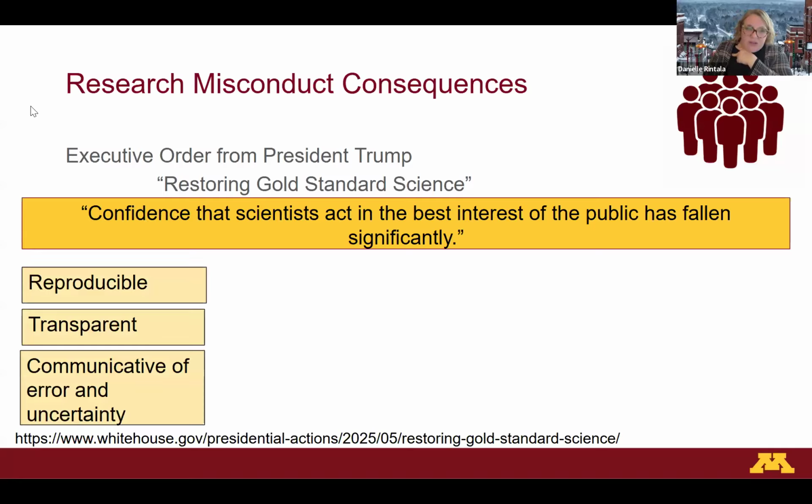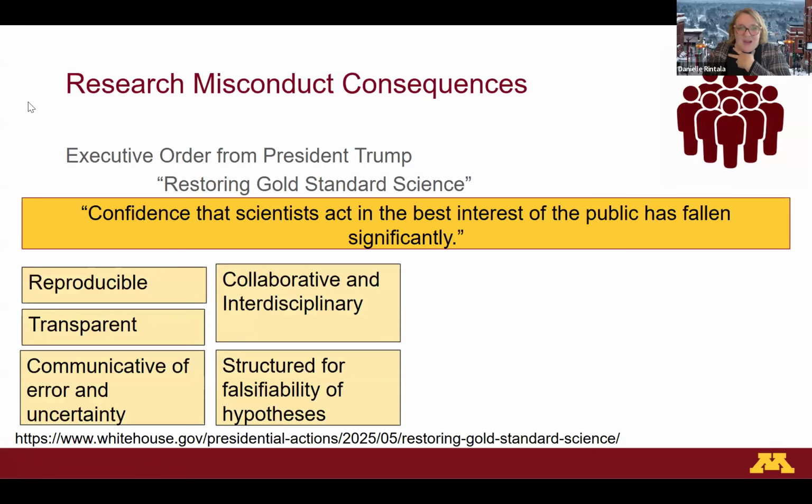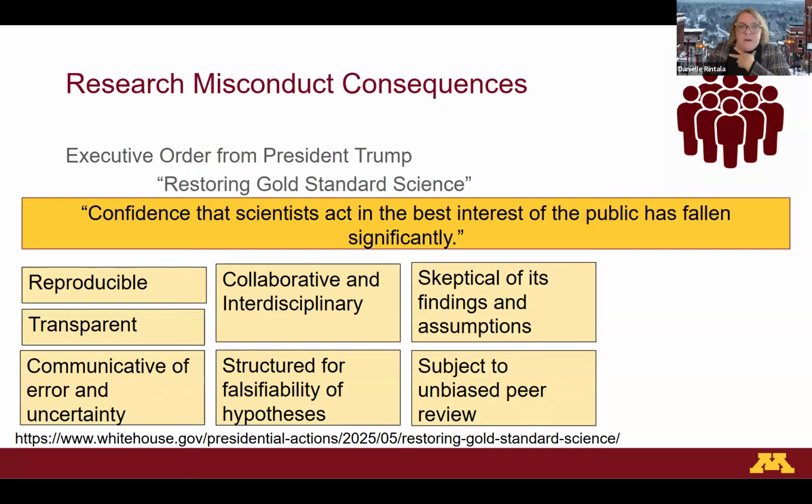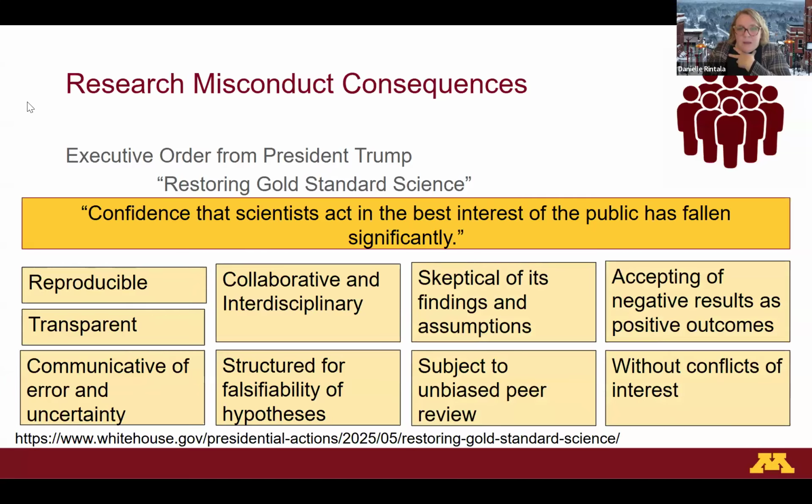And so it highlights the reproducibility of research, the transparency of research, being communicative of when there are errors and uncertainty and knowing that those are also results, being collaborative and interdisciplinary, structured for falsifiability of hypotheses, being skeptical of findings and assumptions, subject to unbiased peer review, accepting of negative results as positive outcomes, and doing your research without conflicts of interest.